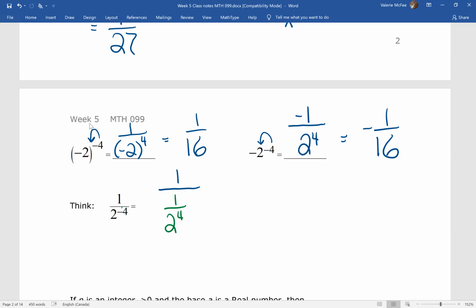So I've just rewritten this part with a positive exponent. Now we have a division question. Let's write it horizontally. 1 divided by 1 over 2 to the power of 4. Remember, when we're dividing with fractions, we multiply by the reciprocal.